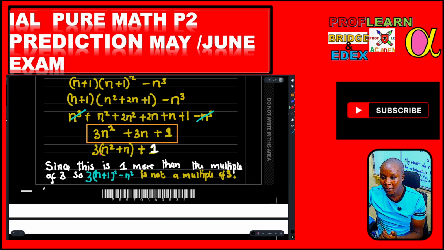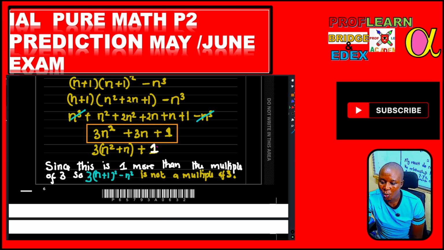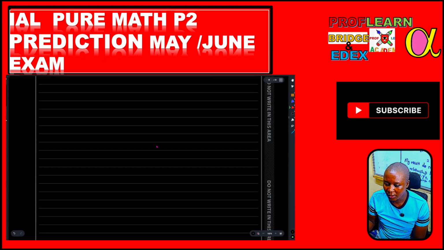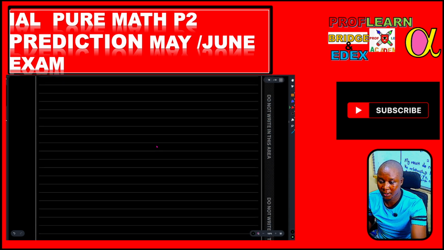Which means this term is one more than a multiple of 3. So if it's one more than a multiple of 3, that means this is not divisible by 3. So basically that is the relation that we are supposed to use in order to work out this particular question.